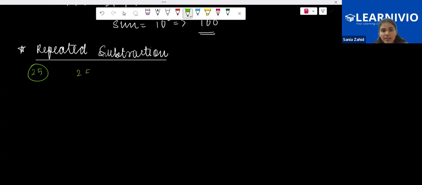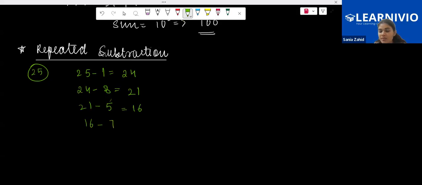So first it is 25. What is the first odd number? 1. First I will subtract 25 minus 1. So what is 25 minus 1? 24. Then I will do 24 minus, what is the second odd number? 3. What does it become? 21. Then I will do 21 minus, what is the third odd number? 5. 21 minus 5 becomes 16. Okay. Then I will do 16 minus 7.